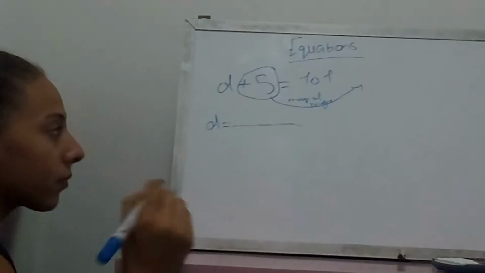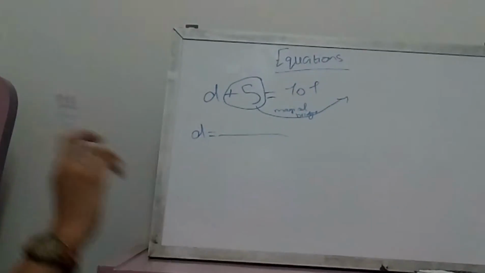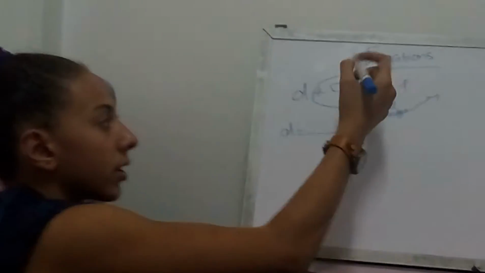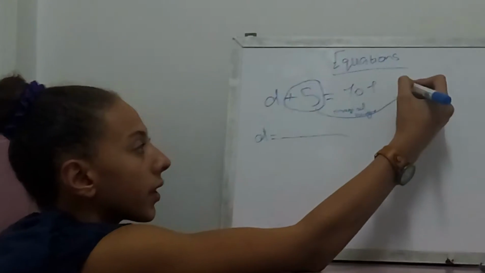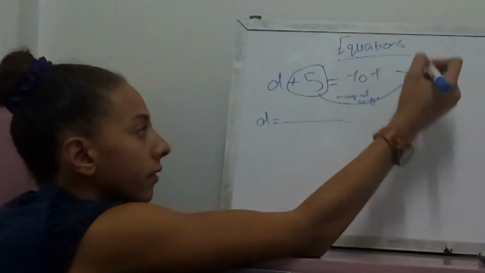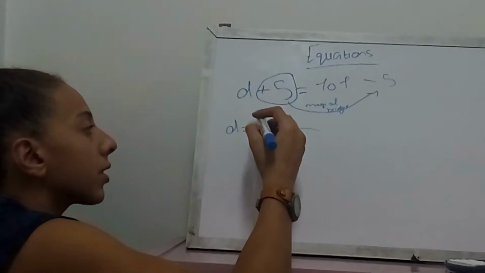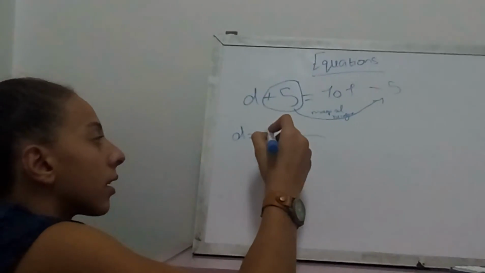We said the magical bridge is called magical because it changes the sign. So here the positive 5 will become negative 5. Okay? So the equation will be like this.